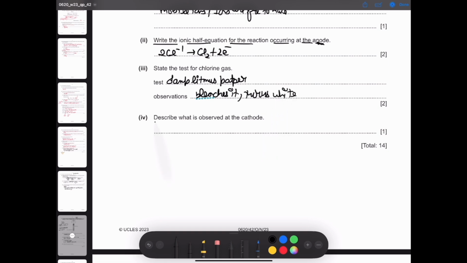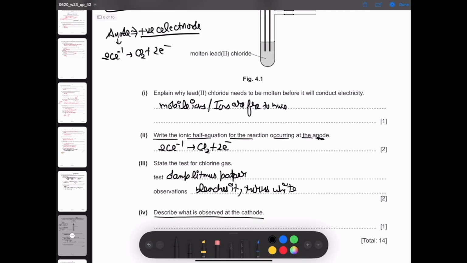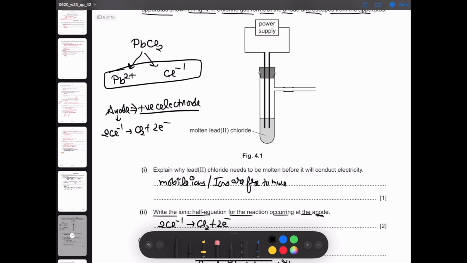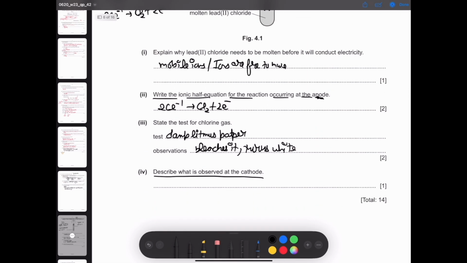Alright. State what is observed at the cathode. Now you only had these two ions, Pb2 plus and Cl negative. So cathode is a negative electrode. Negative will attract positive charge, so Pb2 plus plus 2 electrons will form lead. But now they're asking you the observation. They're not asking you the equation or the product.